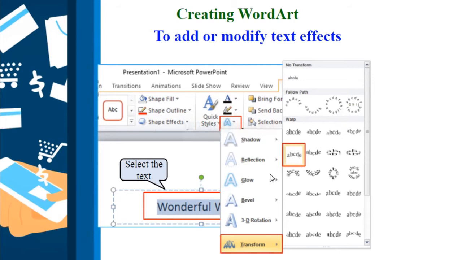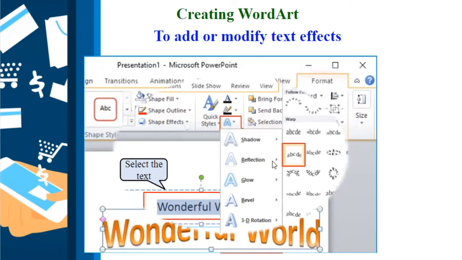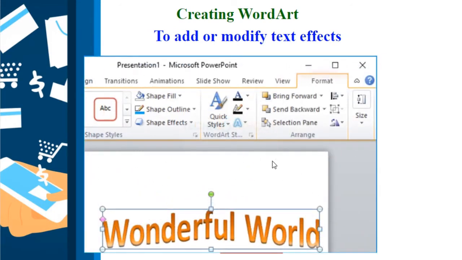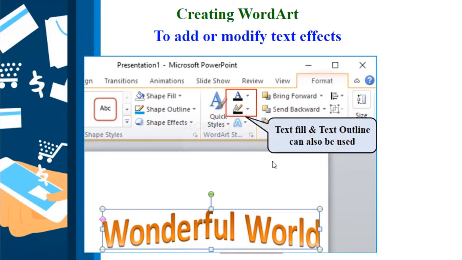If you want, you can combine several different effects. Like this, we can combine it. Yes, this is the fill, right? So note, we want to important things. In the WordArt Styles group, you can also use the Text Fill or Text Outline drop-down boxes to modify the fill and outline colors.